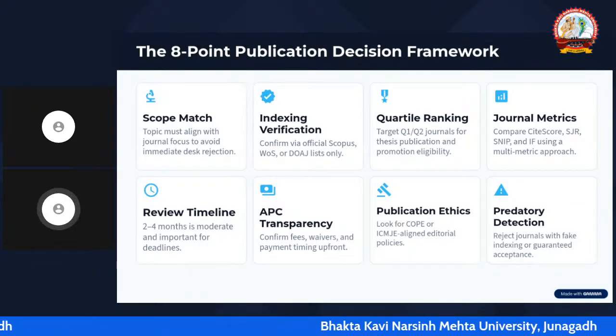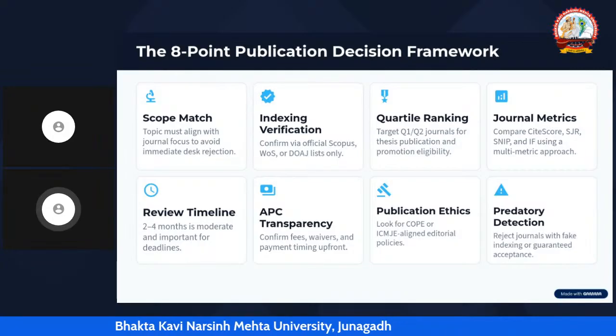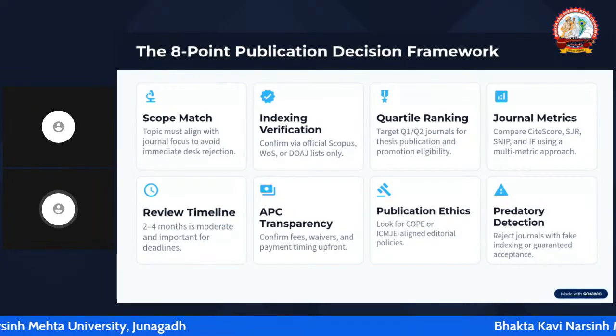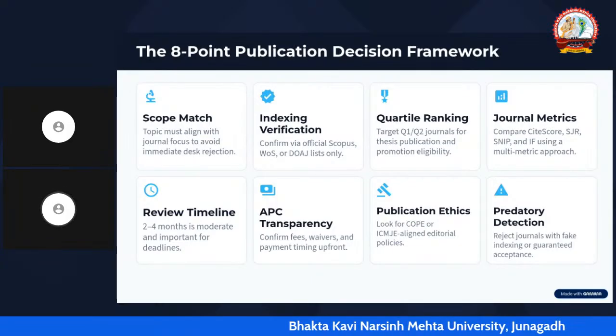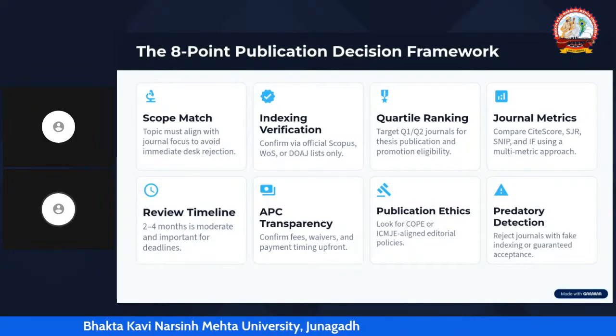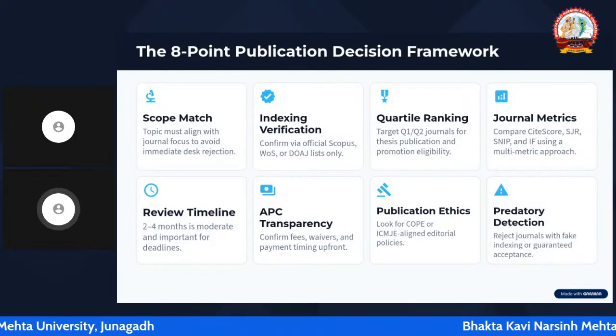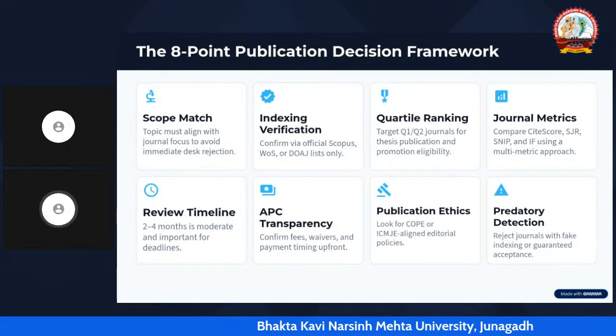In that, we have to identify the scope, index verification, quartiles Q1, Q2, Q3, Q4, journal metrics, review timeline, APC transparency. What about the publication ethics they are using, and predatory detection. These are the 8 points through which we can make our decision.